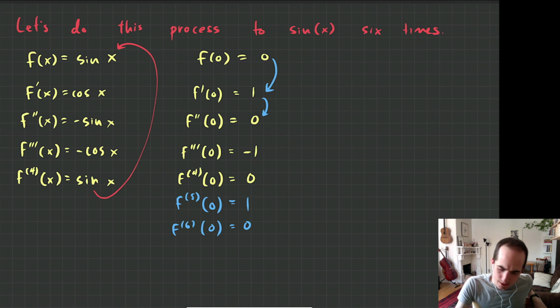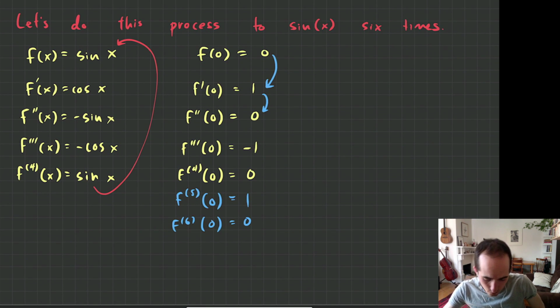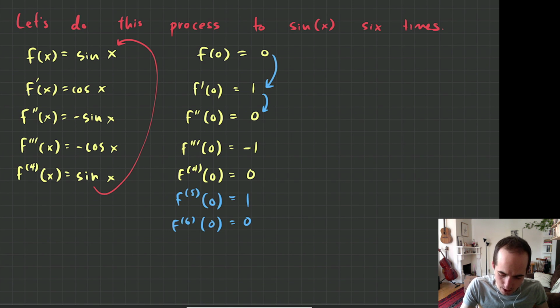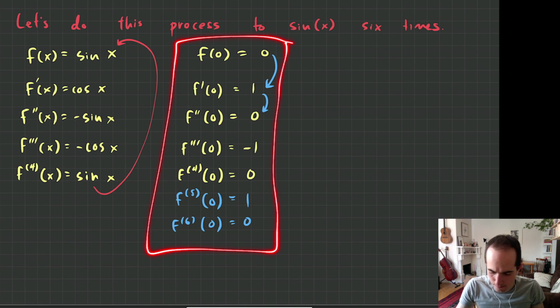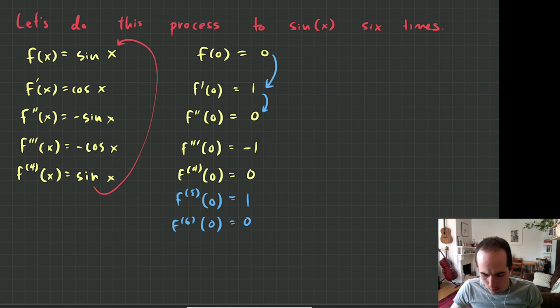So if I were to reconstruct this, let's say that we were only given these values, but we knew that they were the series of derivatives taken at 0. Well, we could use that information to try to reconstruct the original function without actually knowing what the original function was.